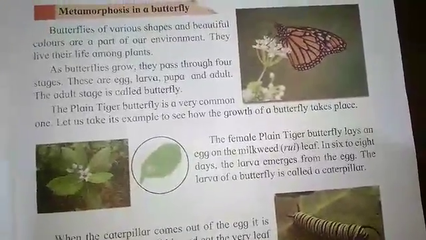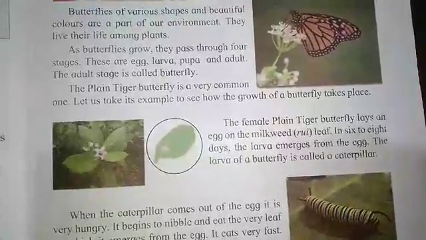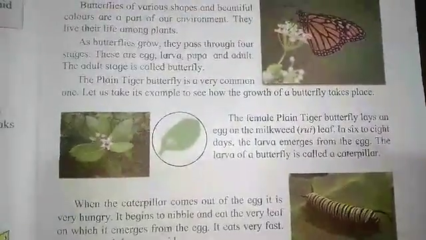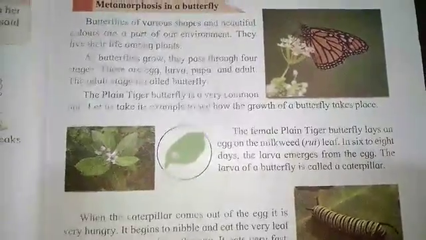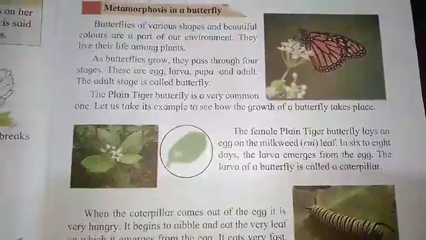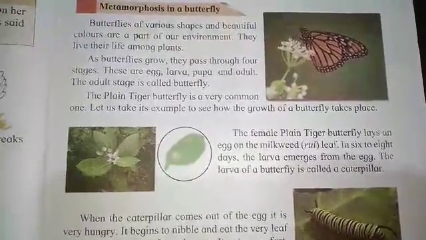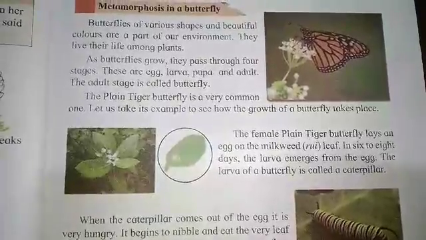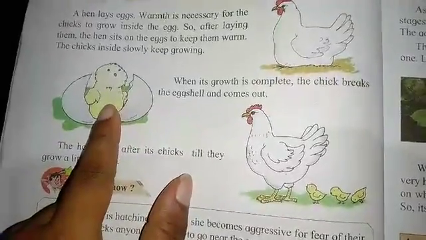Eggs grow under different environmental conditions, in a moist, cool environment. The eggs hatch. It gets warm, and from that egg a small larva of the butterfly comes out, just like from the egg a chicken comes out.